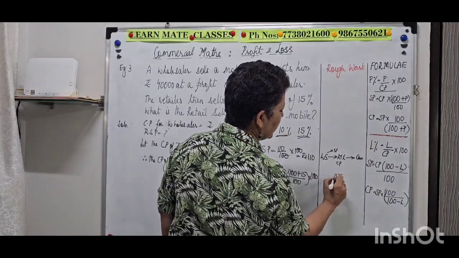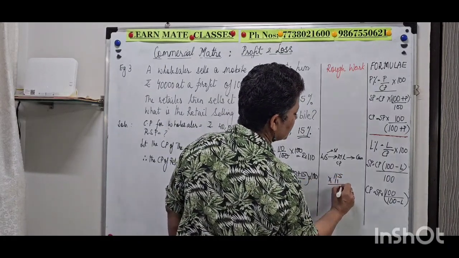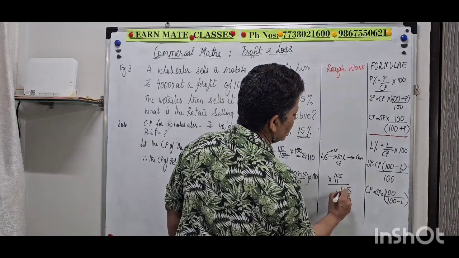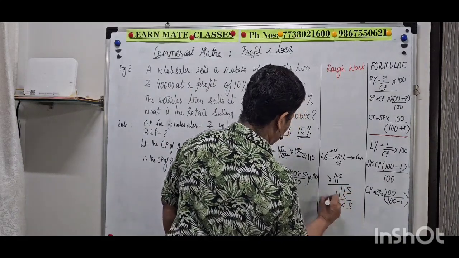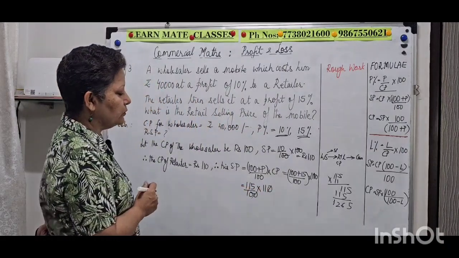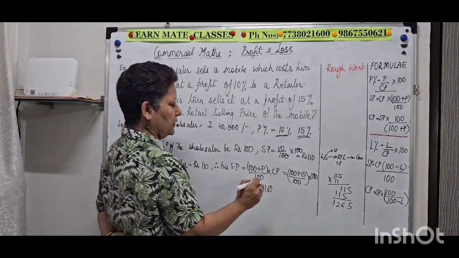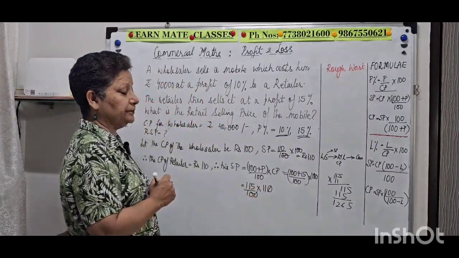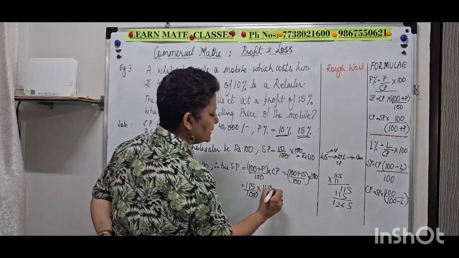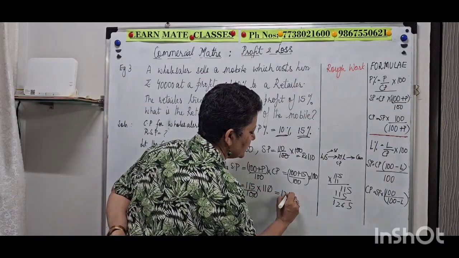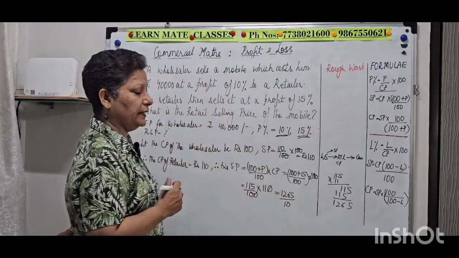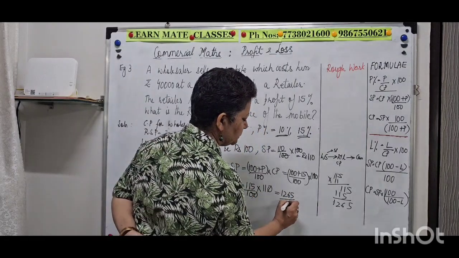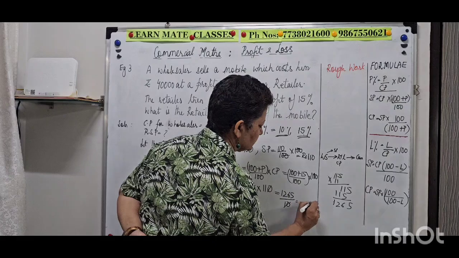So 115 into 11 is going to be nothing but 115 and 115. So this is 5, 6, 2, 1. So this is 1265 upon 10, or actually I can, for the time being, also cancel with 5, and this gives me a 2.